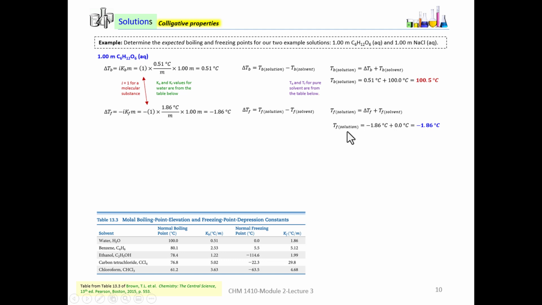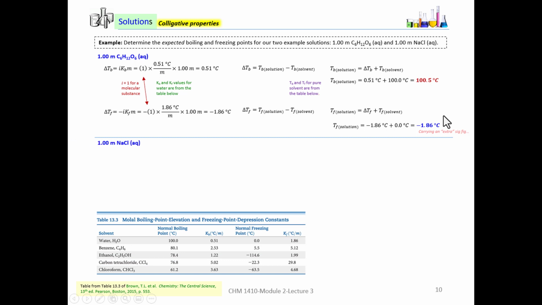So naturally, that means the freezing point of the solution would be minus 1.86 degrees C. So what we've calculated here is the expected boiling point and the expected freezing point of a solution that's 1 molal glucose. You might want to note here I'm carrying an extra significant figure right here.